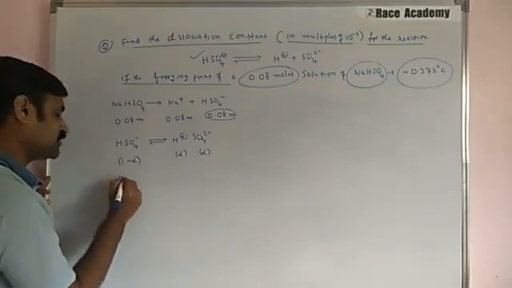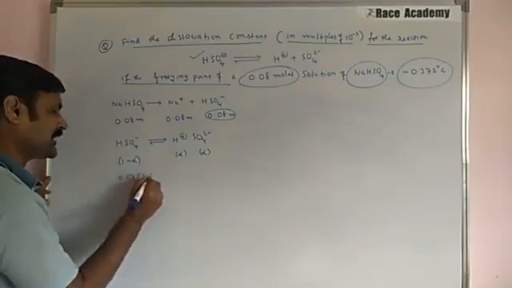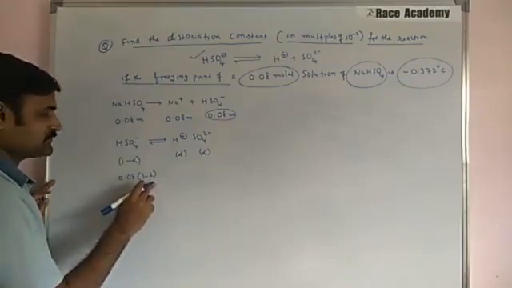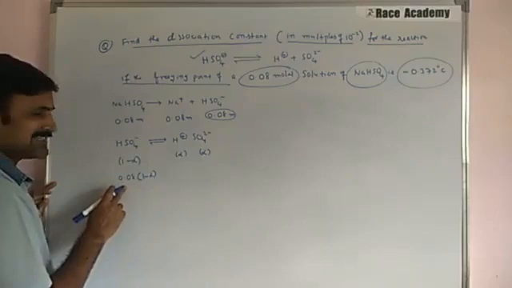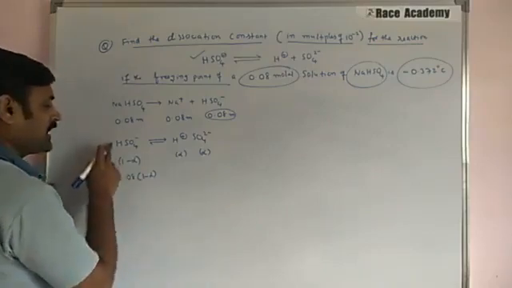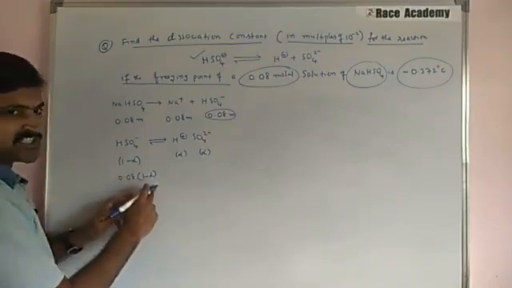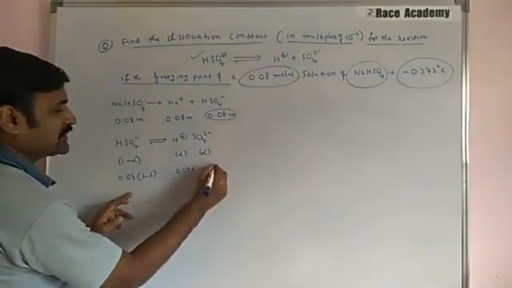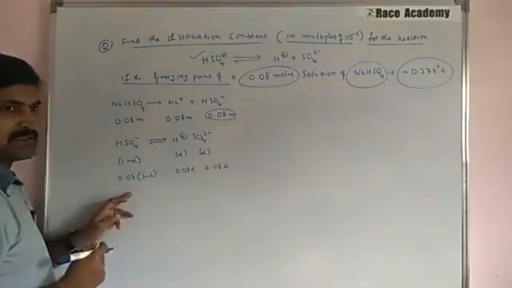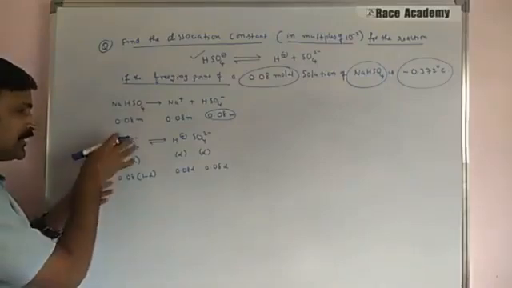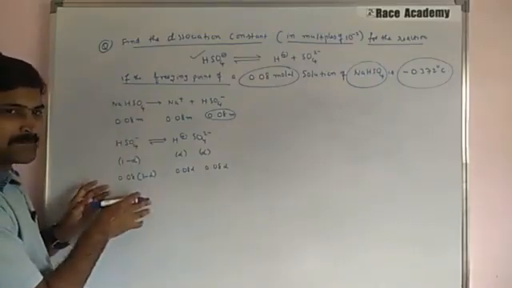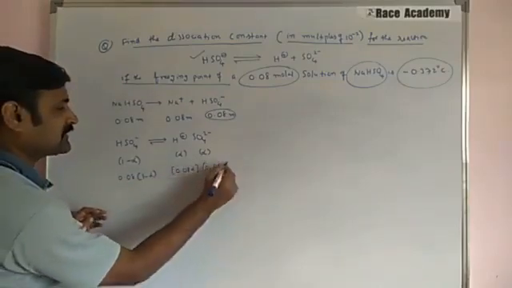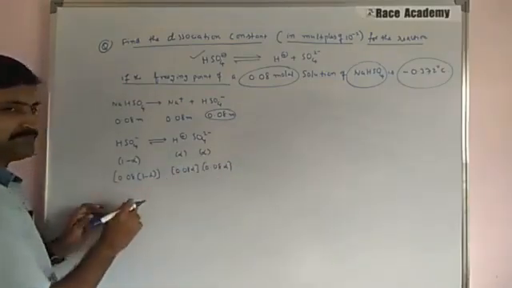That is 0.08 into 1 minus alpha, nothing but number of moles into concentration. This is the particles at equilibrium. Now H plus will become 0.08 alpha, and SO4 2 minus will become 0.08 alpha. So in this juncture, we have found the sulfate concentration, H plus ion concentration and bisulfate concentration.